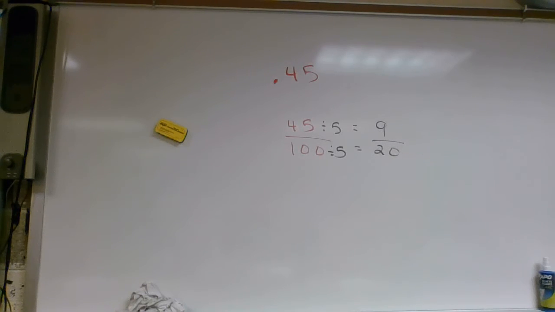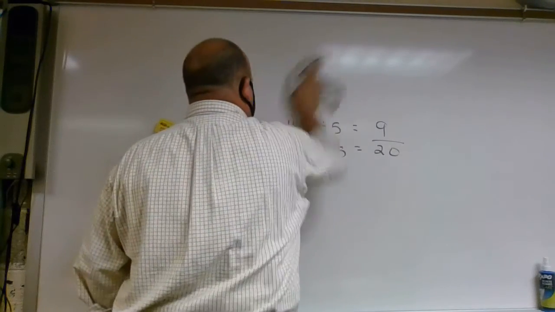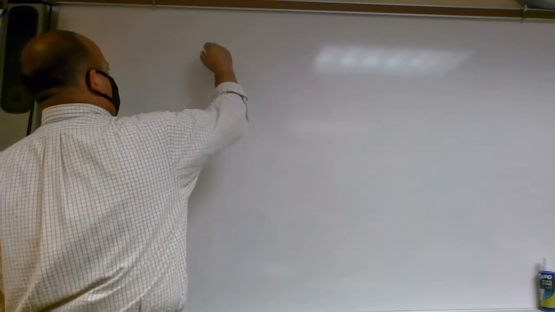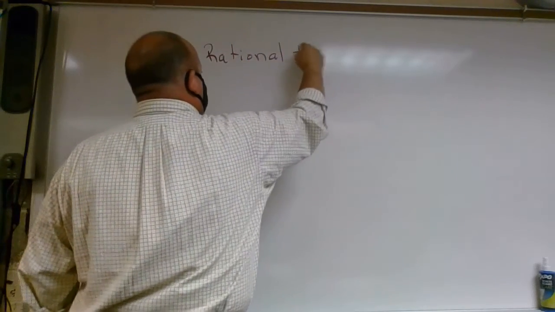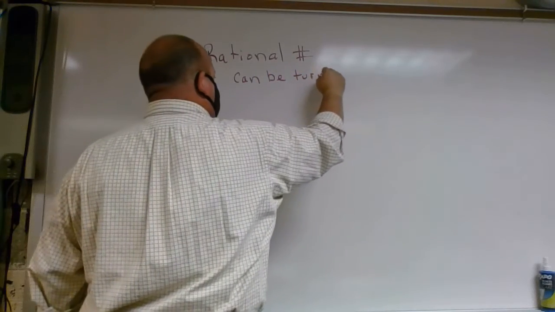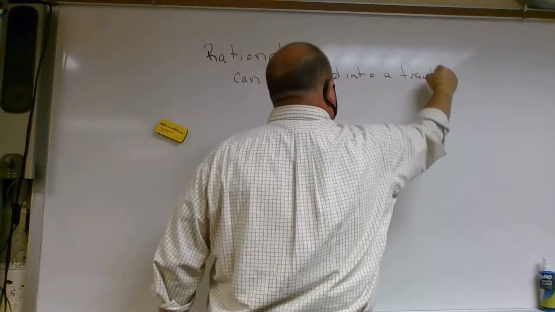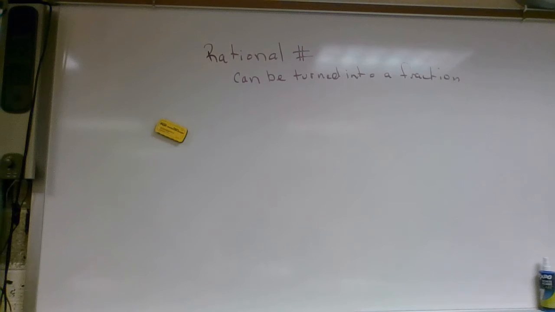A rational number is any number that can be turned into a fraction. We need to write this down: a rational number can be turned into a fraction.